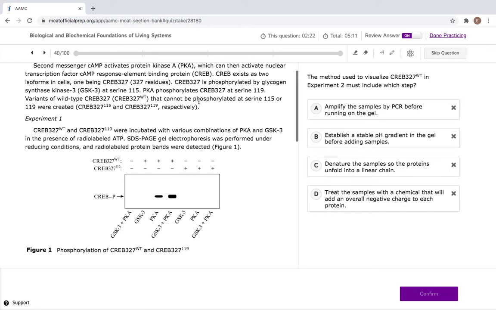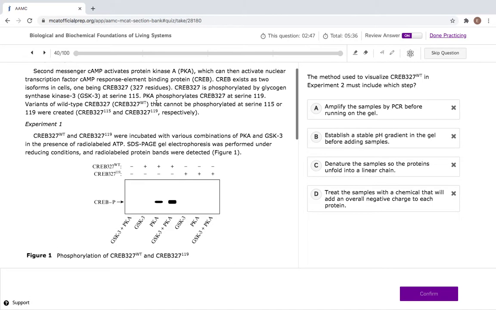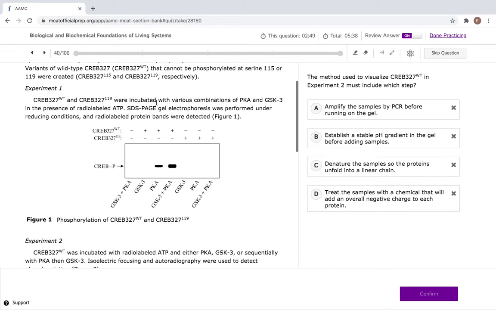Variants of wild-type CREB 327 that cannot be phosphorylated at serine 115 or 119 were created, CREB 327 115 and CREB 327 119 respectively. So nothing really complicated here.